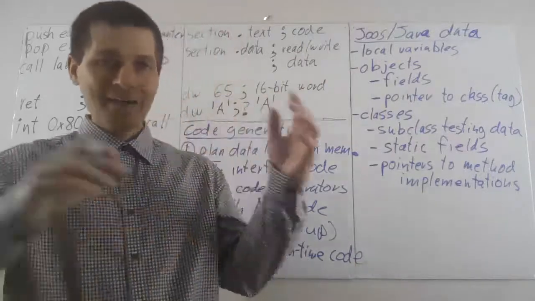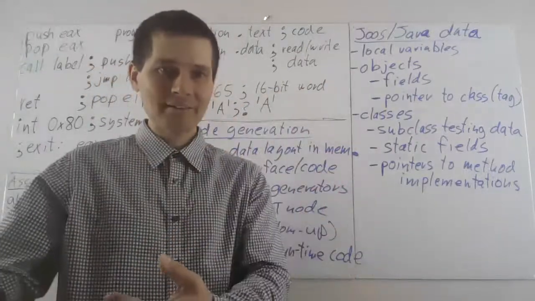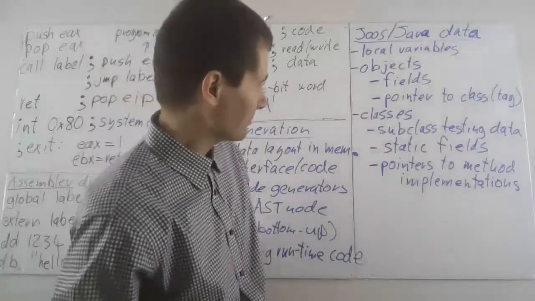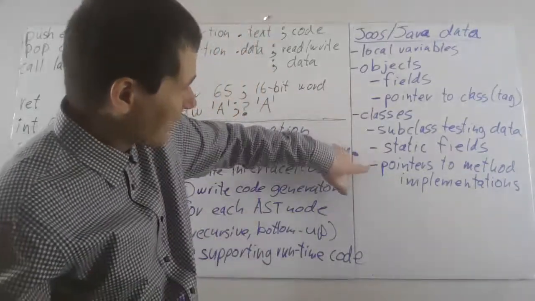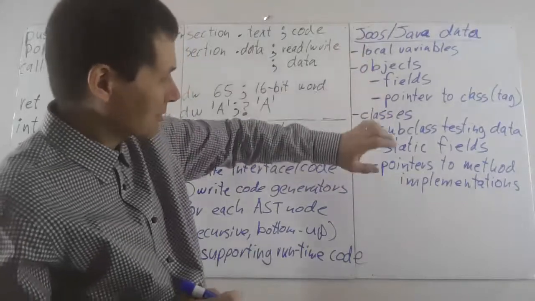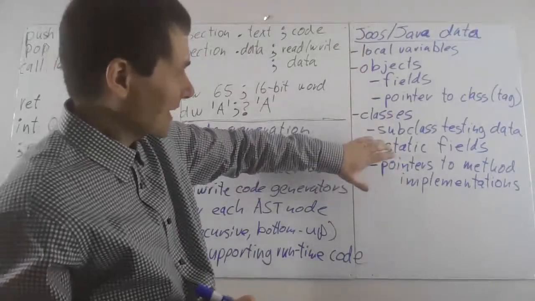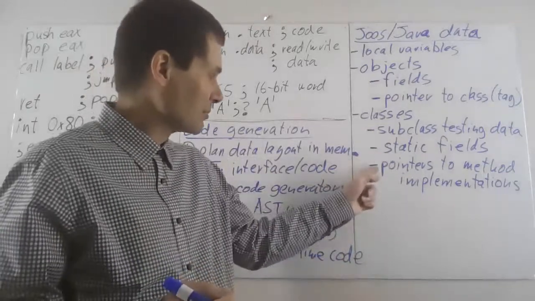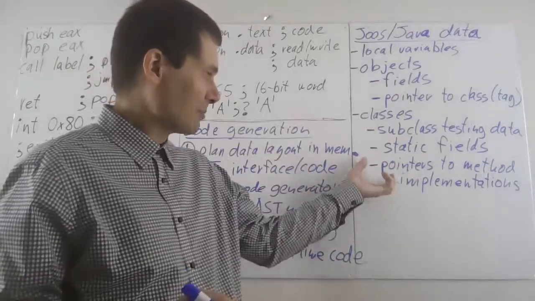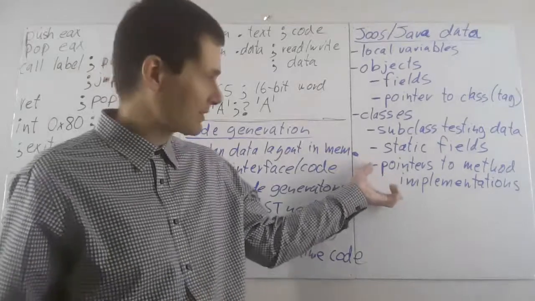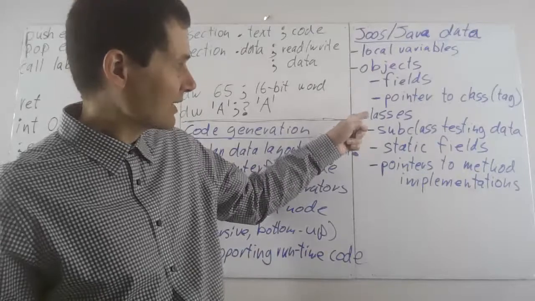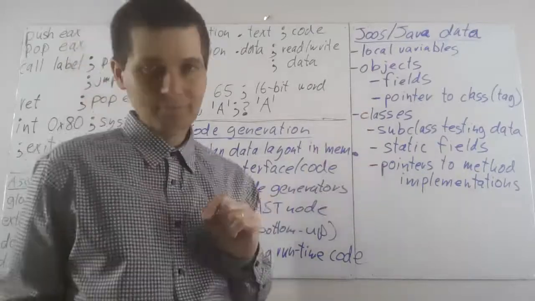An apple can have a different eat method than an orange, say. But all apples have the same implementation of all their methods. So I'm going to keep this information about where I can find the code of each method in the class, and then an object points to its class, and a class points to the method implementations.